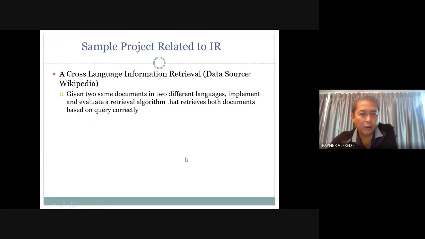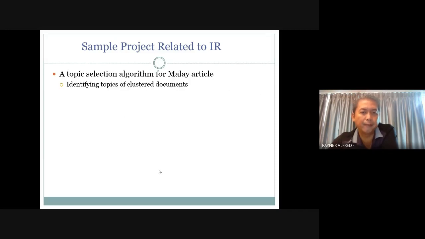We also have cross-language information retrieval, in which we have multilingual documents. If I retrieve one document using this keyword, can I use the translation of the keyword to get other documents in other languages? This is what we call CLIR, cross-language information retrieval.